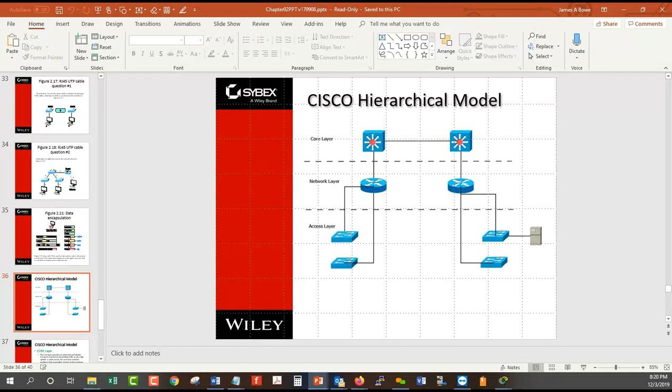And generally, they're connecting to switches. Next, you've got the network layer, in which the different networks are interconnected. The subnets are interconnected through the routers. And then finally, you've got the Cisco or the core layer, which you're going to find up above.